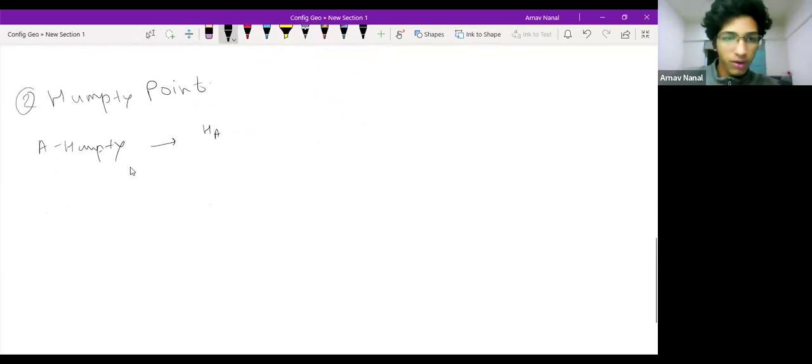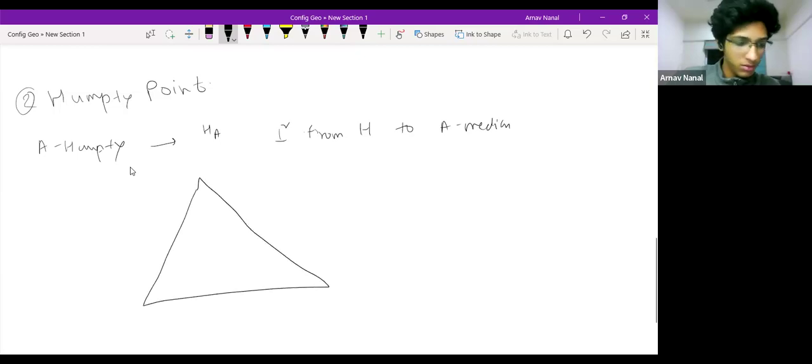What we define it as is the perpendicular from the orthocenter to the A median. This is the A Humpty point.